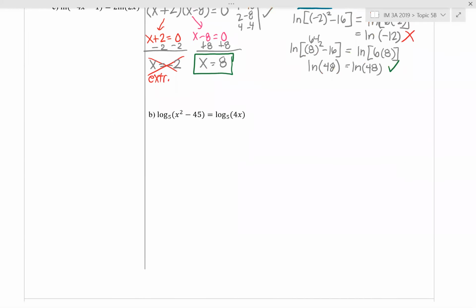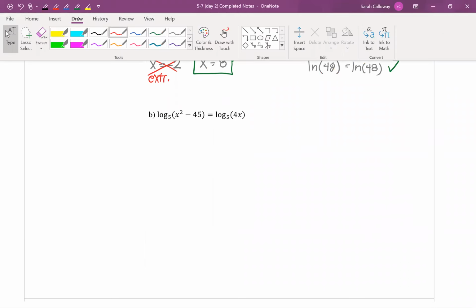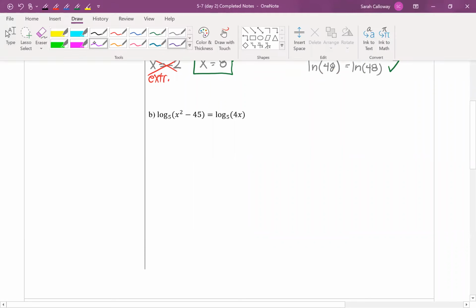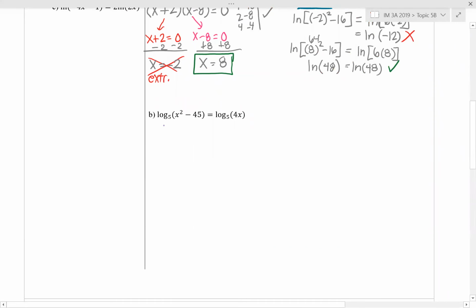Okay, so this next problem is going to follow the same exact process. We're just getting a little bit of practice. The last one is a little bit more complicated just in terms of factoring. So we have log base 5 of x squared minus 45 is equal to log base 5 of 4x. Since those both have a log base 5, we can ignore the log and just set the arguments equal.